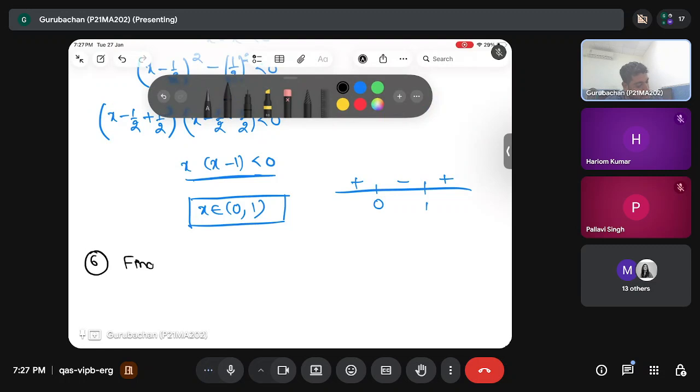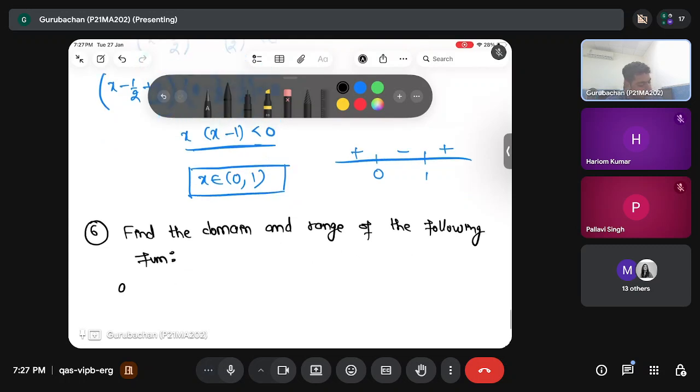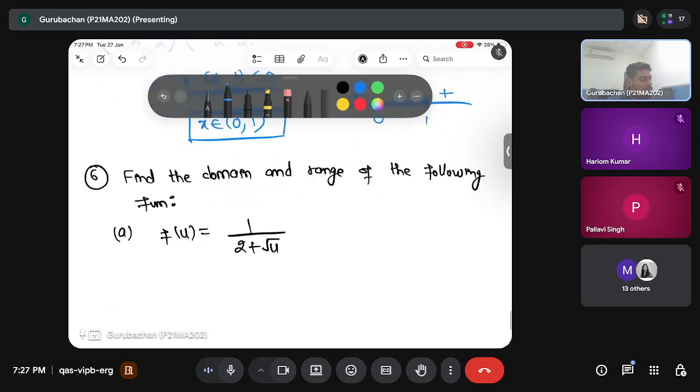Find the domain and range of the following functions. The first one is f of u is equal to 1 by 2 plus under root u. What is the domain and range of a function?